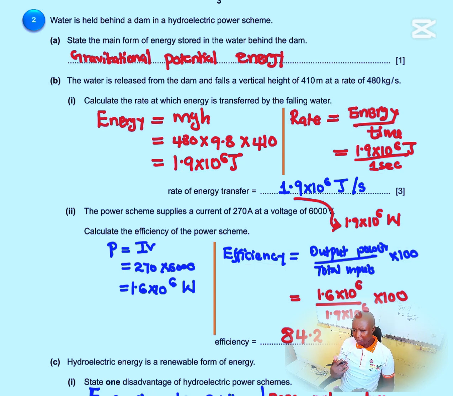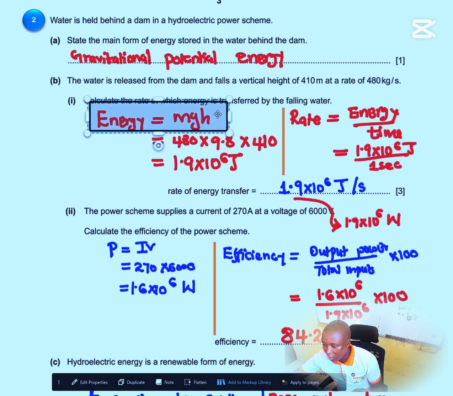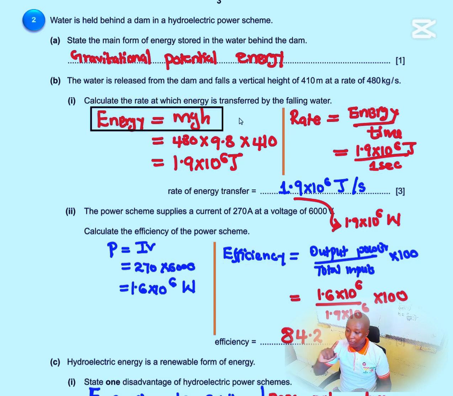So we are going to look at the rate at which energy is transferred. Remember, the energy that we're talking about here is gravitational potential energy, which is calculated by the formula energy equals mgh. So we are going to substitute the values that we have into the formula so that we can get that energy.